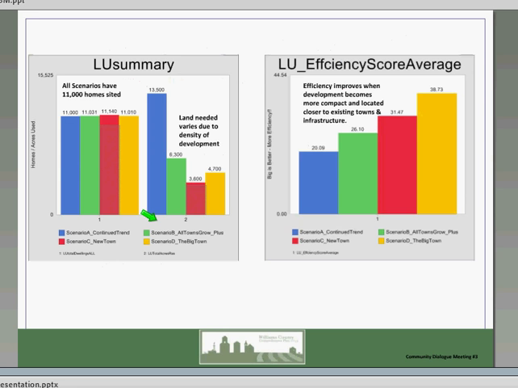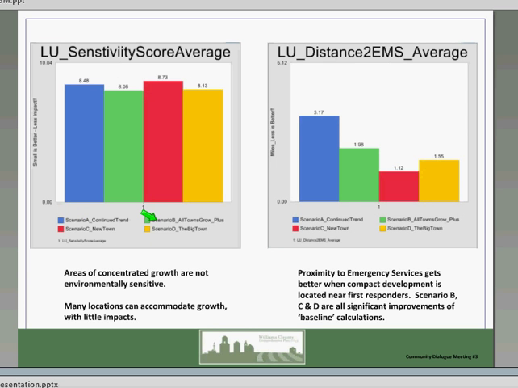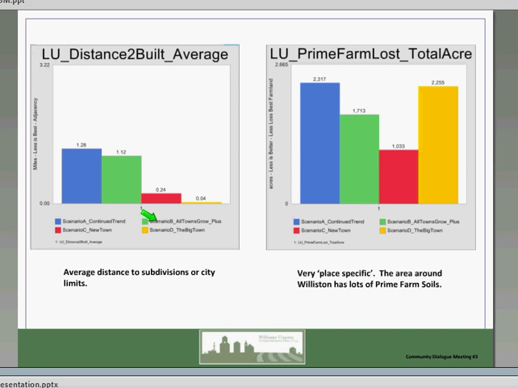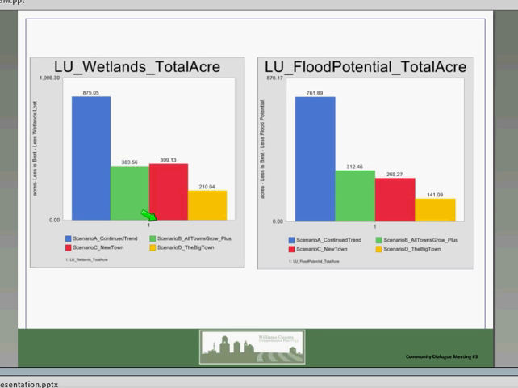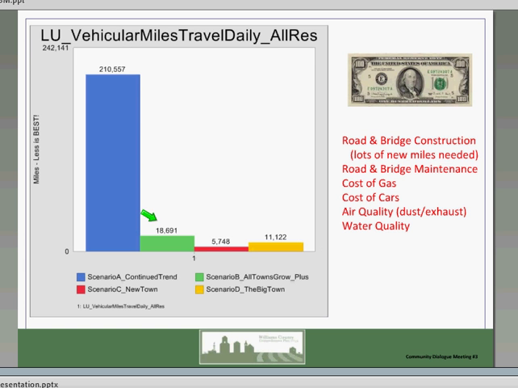The notion was that these were all then evaluated by the same set of benchmarks. So even these scenarios prepared by the consultants were evaluated for how many acres they consumed and what the efficiency score was and how landscape sensitive, and emergency services, and proximity to other development and farmland and wetlands and so on. I want to try to explain all the vehicular miles traveled, okay?